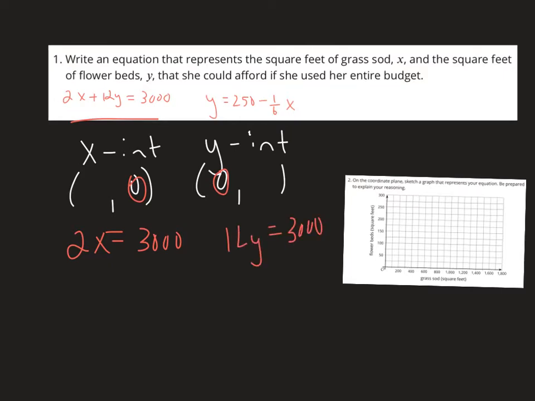Now I know from doing the conversions for my slope-intercept form that 3,000 divided by 12 is 250. Versus over here, 3,000 divided by 2 is going to give me 1,500. So 1,500, 0 is my x-intercept, and 0, 250 is my y-intercept. So now I'm going to plot those on my graph.